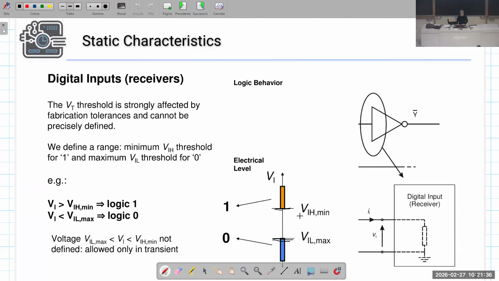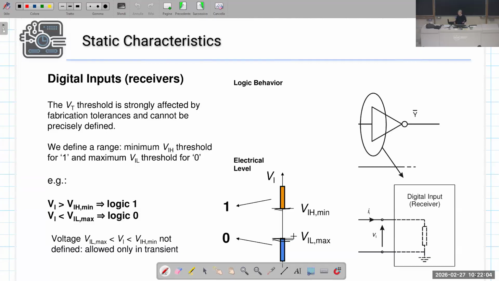That is, the input voltages are recognized as high only if they exceed a certain value. They are recognized as low only if they are below a certain value, which is strictly lower than the previous one. As a consequence, the values in between these two do not correspond to any logic state.